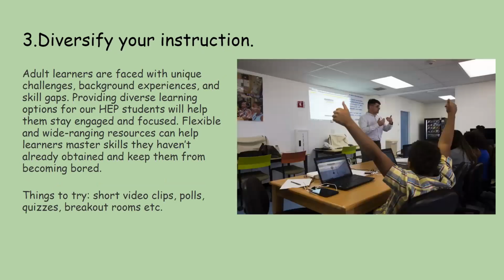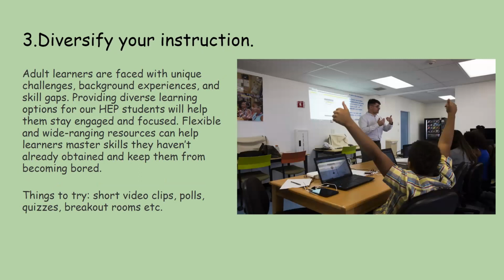Tip number 3, diversify your instruction. Adult learners are faced with unique challenges, background experiences, and skill gaps. Providing diverse learning options for our HEP students will help them stay engaged and focused.